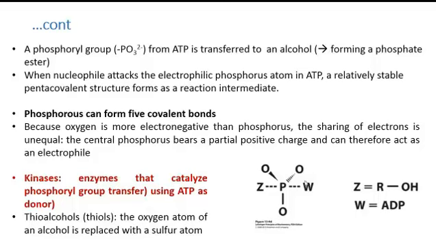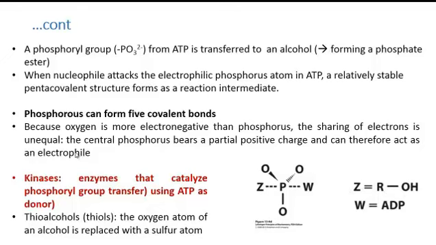And when a nucleophile attacks on this electrophilic phosphorus, a stable pentacovalent structure is formed as a reaction intermediate, and we can see that an ester is released along with the release of 1 ADP molecule.